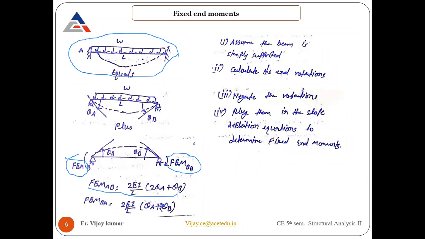If you superimpose these two, that is the same image which we are going to get here. The deflection which takes place here will reduce, because this moment will try to take this deflected shape a little upward, so the deflection will take place somewhere like this, right?